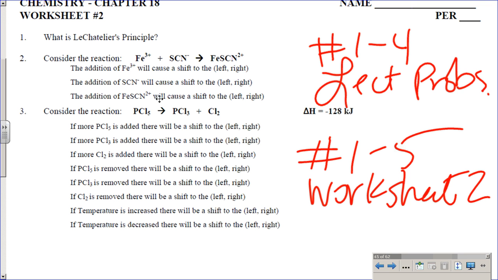Is there anything else? You guys okay? You got to do?